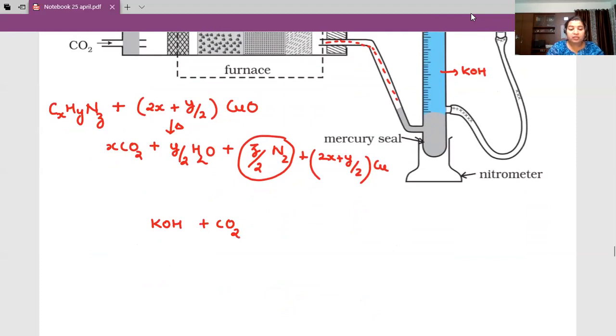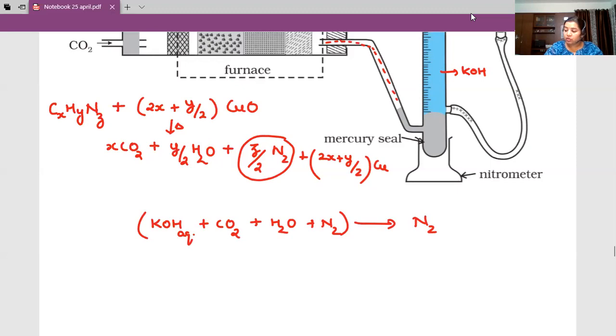Water, if any, in the form of vapor will get condensed and will be in the solution. But nitrogen will remain as such. So when we pass our gaseous mixture through this aqueous KOH, then only nitrogen is moving out.